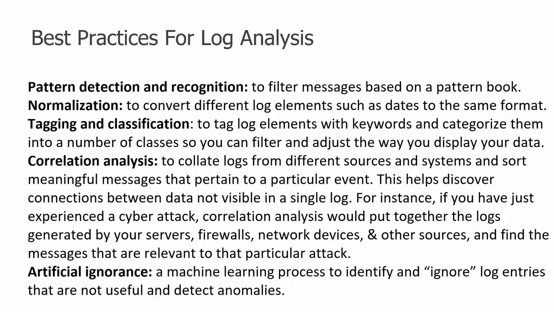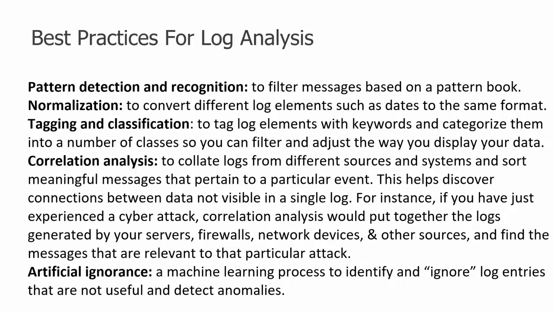Next thing is correlation analysis. If you look at the app server, you have millions of lines. The web server has millions of lines. The database server has millions of log lines. So the question is, which line of the log in the web server belongs to the lines of log in the app server for that particular user, and then the same for the database server?